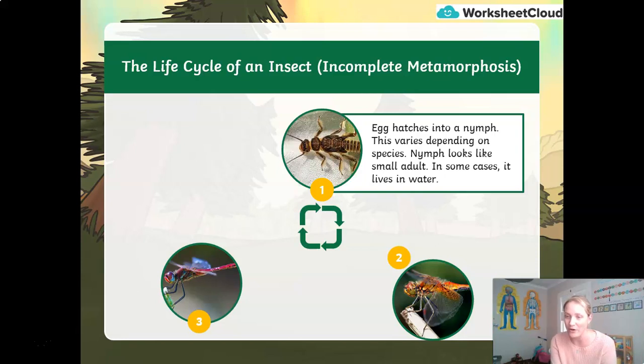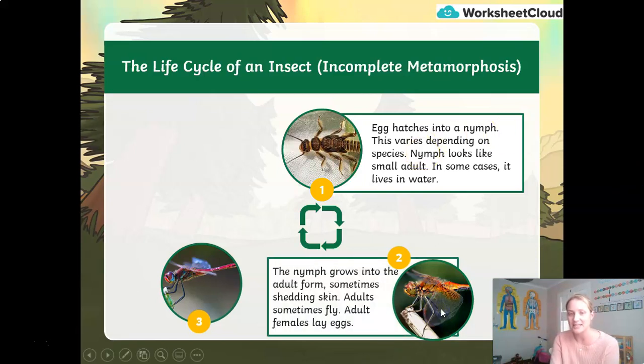Now, a nymph, obviously it depends on the species, but nymphs are basically tiny, tiny versions of the adults, okay? They can sometimes live in water, whereas the adults live on land, but they do look like miniature versions. Now, I've been lucky enough in my garden, I often find praying mantis nymphs, and they are absolutely tiny, but they're perfect replicas of the adult. So that's what a nymph is.